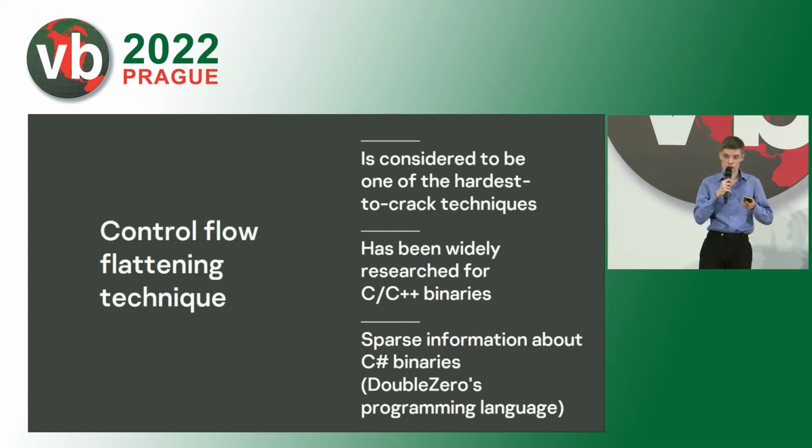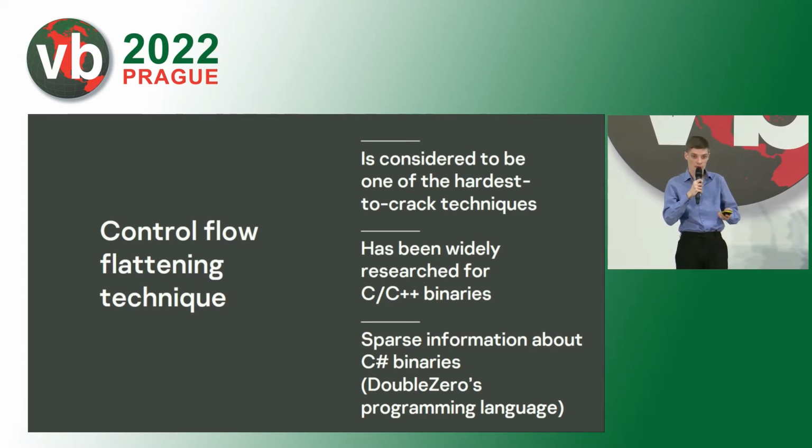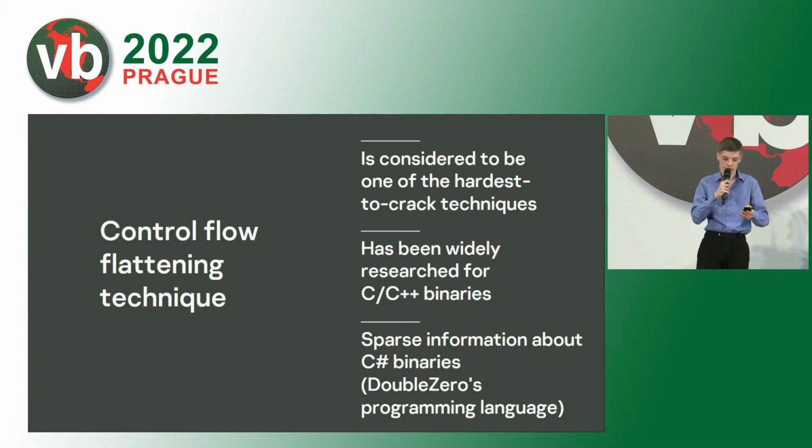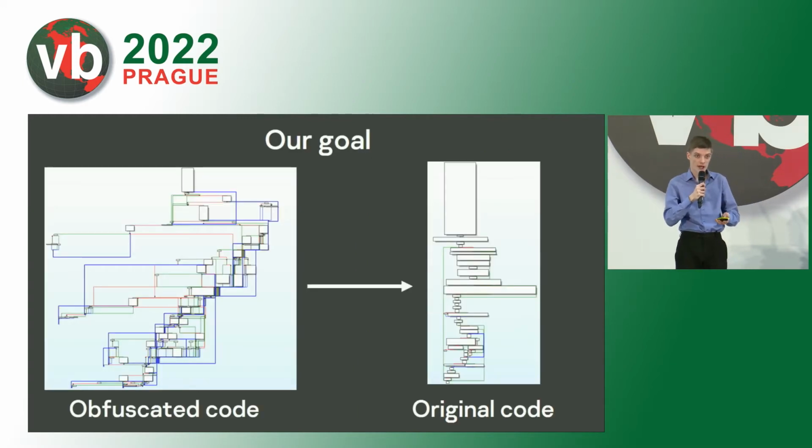And existing tools didn't work for me. That is why I decided to create my own control flow unflattener for the 00 wiper and fill the gap in the knowledge about unflattening .NET. And today, I would like to tell you how you can create your own unflattener for 00.